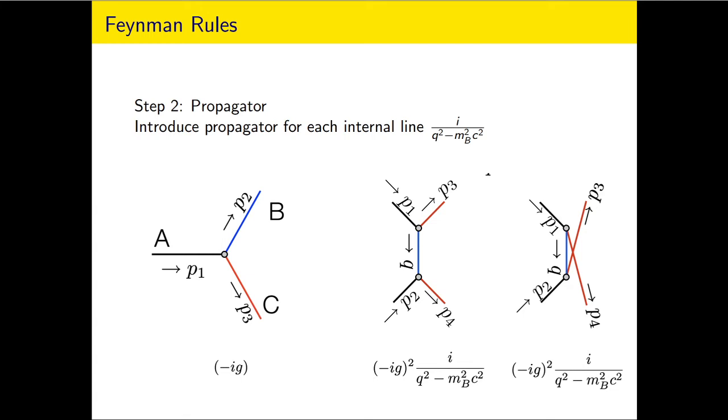Here m_b is the mass of the particle and c is the speed of light. The propagator represents the expectation value. It gives the probability for finding the particle.